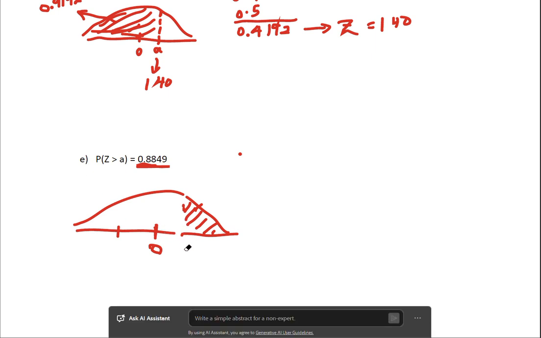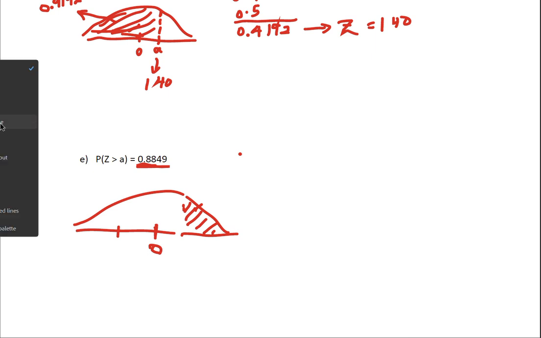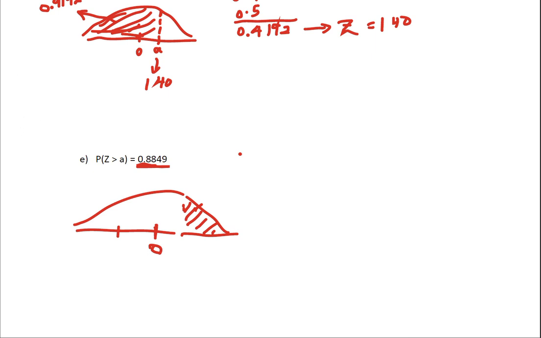And since we know that half of the curve, the area to the right of 0, only accounts for 0.5, from 0 straight to the end is only 50%, we know that A is actually going to be negative in this case. So let's just fix that up.